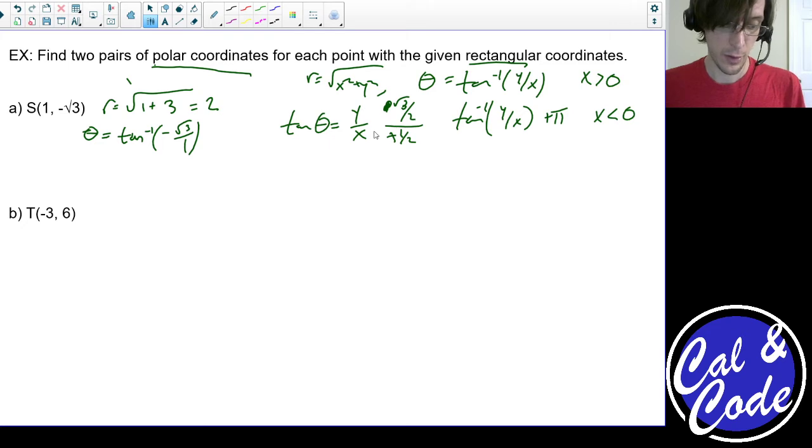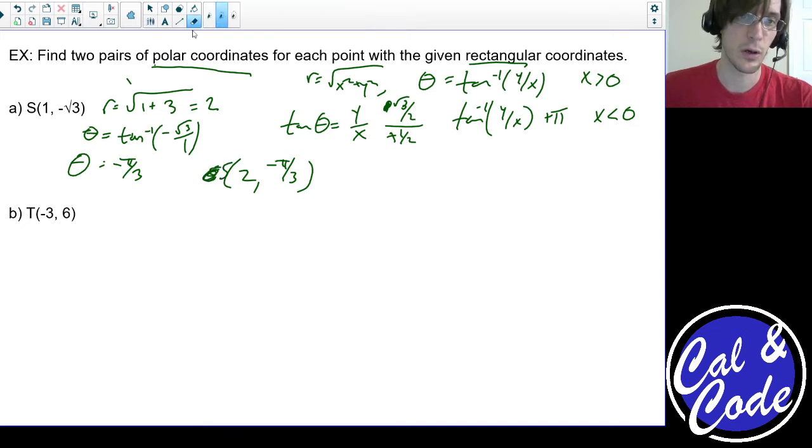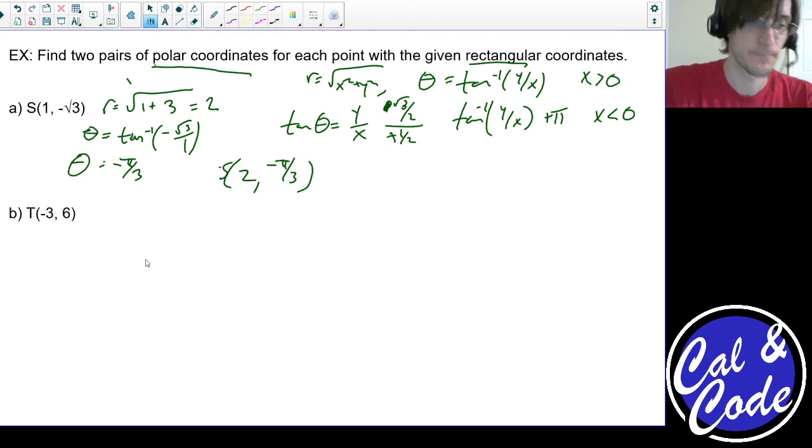For my x to get a positive 1 half, I've got to be at pi thirds. This is going to be negative pi thirds. So my final answer is 2, negative pi thirds. If you have trouble with this, guys, you probably really need to work on your unit circle. You really need to work on going back through and memorizing that unit circle.